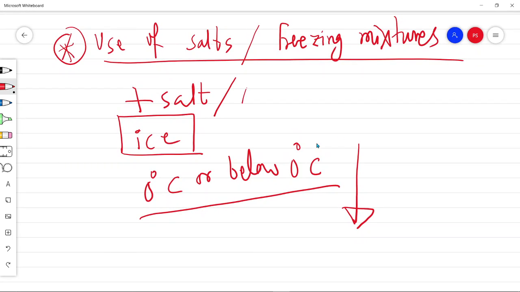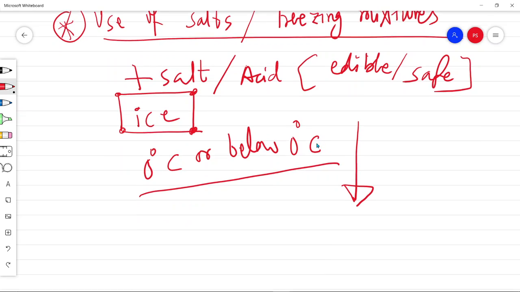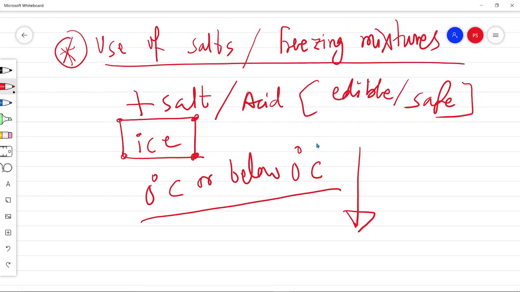Instead of salts, some acids can also be used. Of course, these have to be edible in most of the cases, because they are to be used with food products.